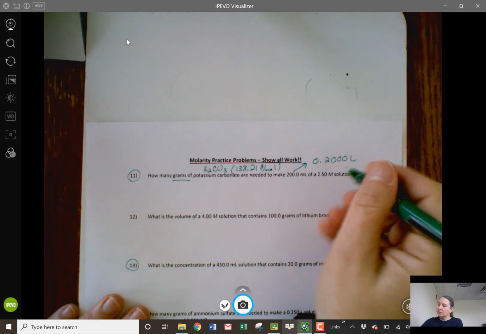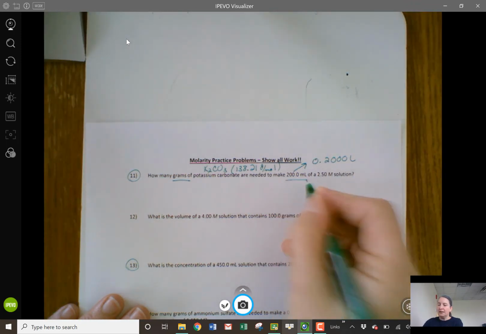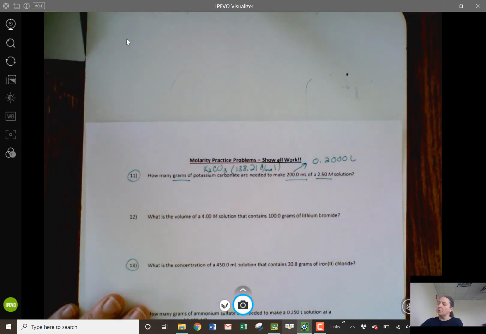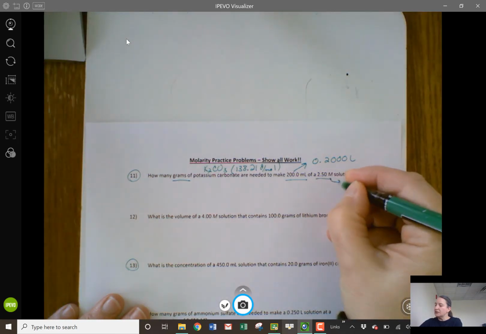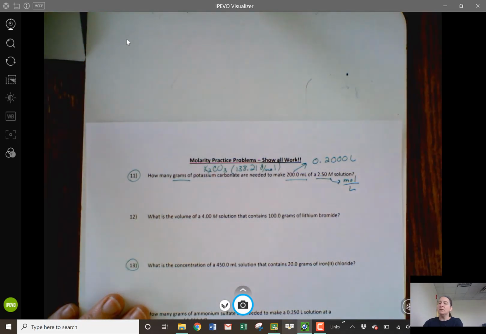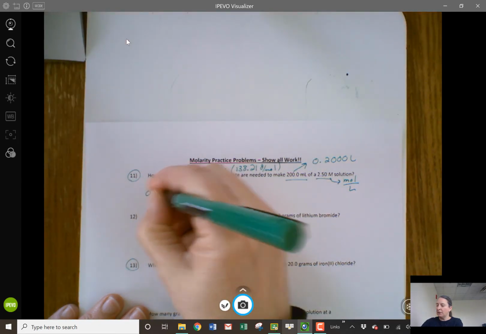So the first thing I'm going to do is start with the one thing that's by itself. Now this looks like it's by itself, and this looks kind of like it's by itself. But remember, molarity actually is a conversion factor. It's moles per liter. So I'm going to use that to get rid of my volume.